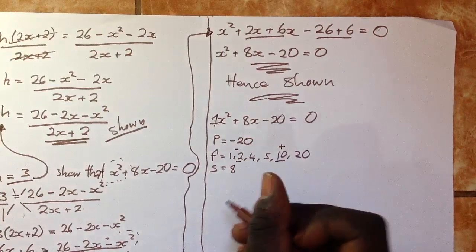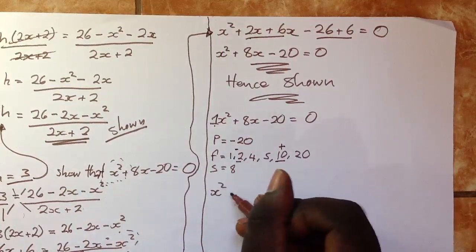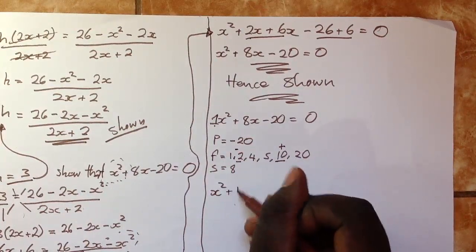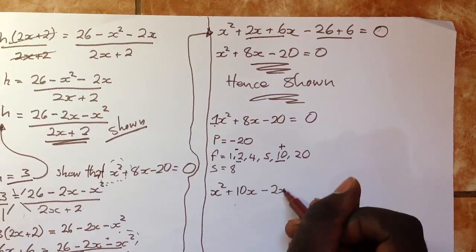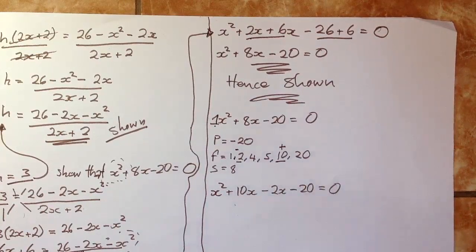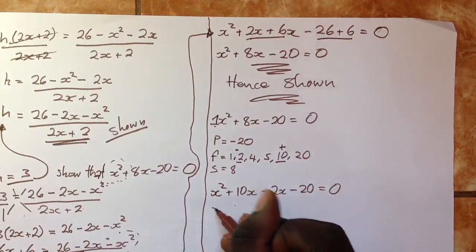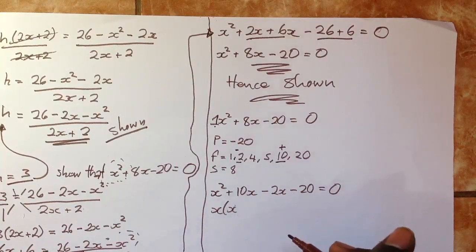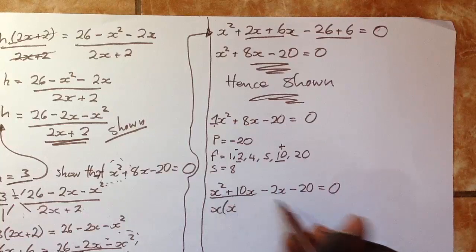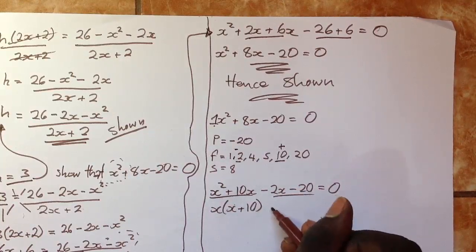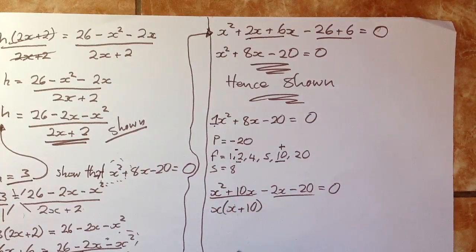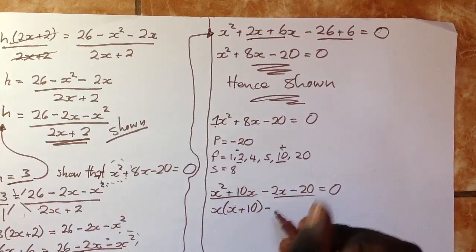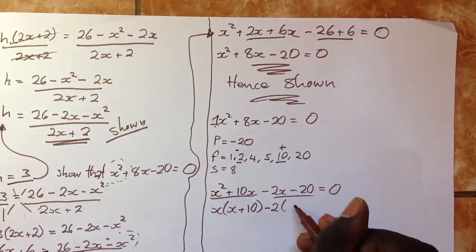So rewriting that, this time it will be x squared plus 10x minus 2x minus 20 equal to 0. So factorizing, x is a common term between x squared and 10x. So that gives us x times (x plus 10), and 2 is a common term in both 2x and 20. So that will give us minus 2 times (x plus 10).